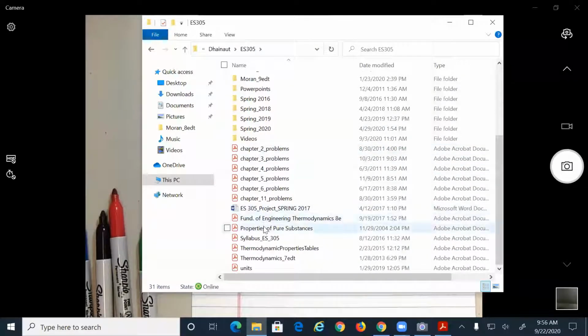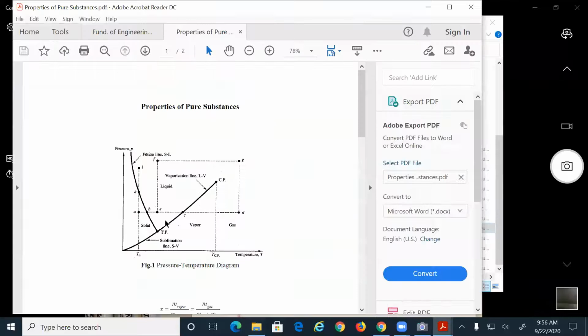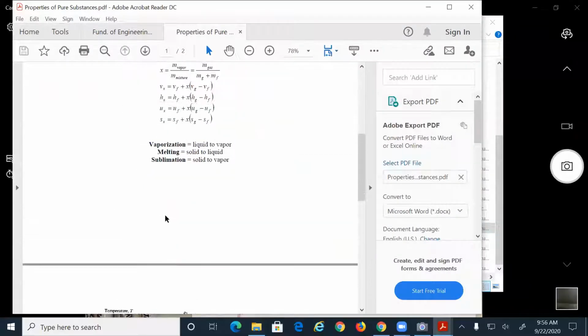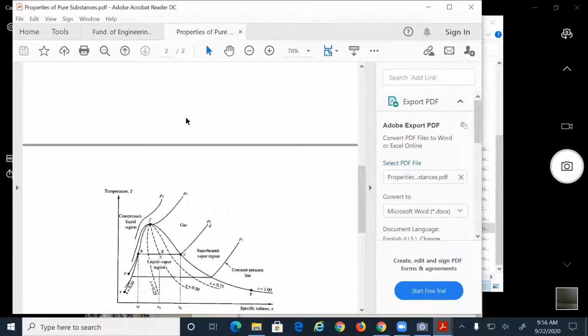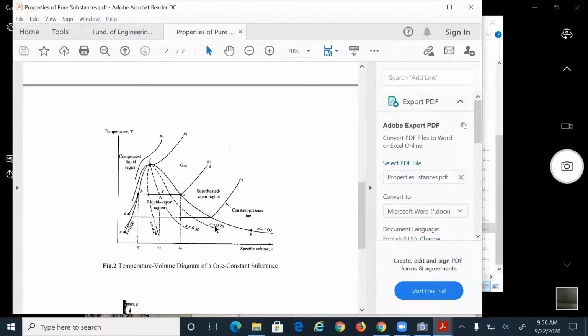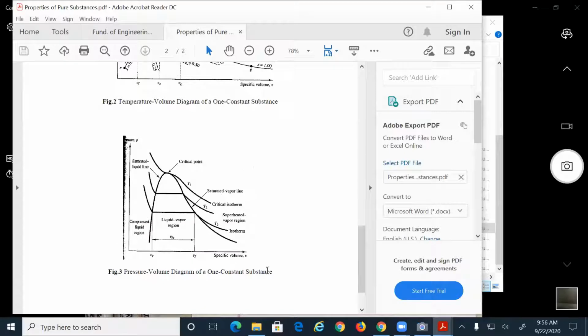You have this table here. These are the two figures, TV, lines of constant pressure, PV, lines of constant temperature. And I told you you could bring these to class and all the exams, okay? With the page with units, so you know what it means. You see here is liquid, mixture, and here will be gas. So you can bring these figures with you so you don't get lost.